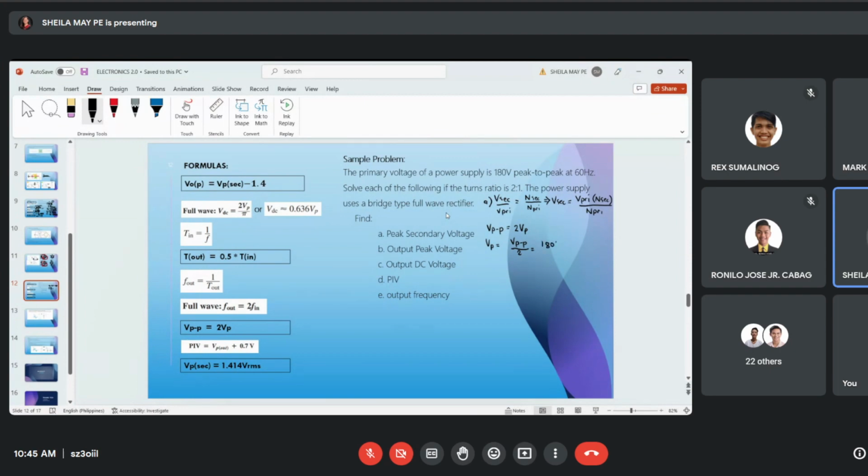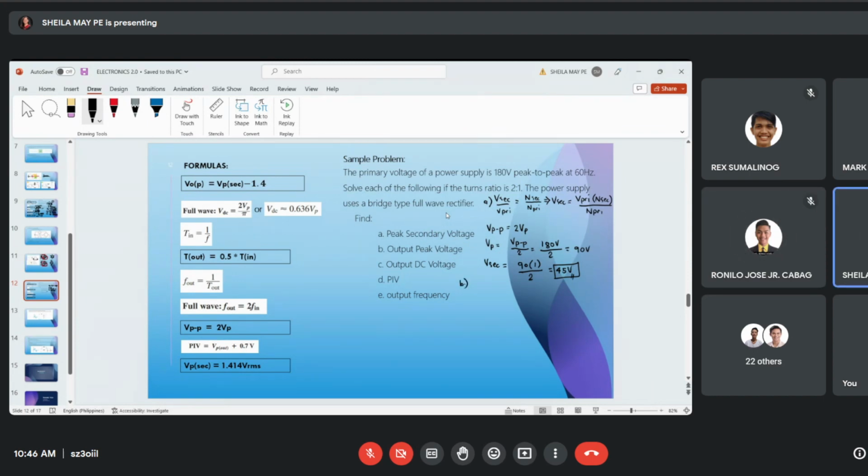So that's 180 volts divided by 2. That is 90 volts. So our V secondary would be 90 volts multiplied by 1 divided by 2. That would be 45 volts. Nakasunod ra? Yes, miss. Okay.